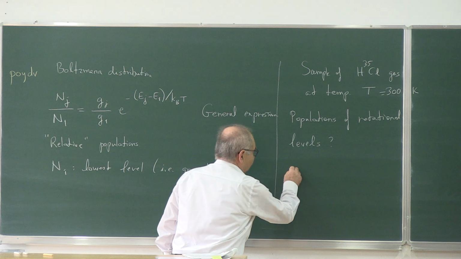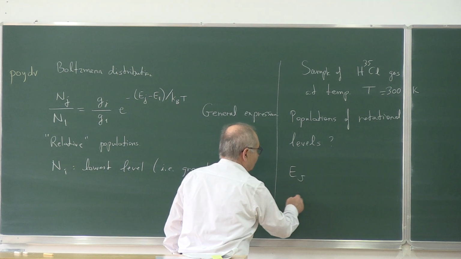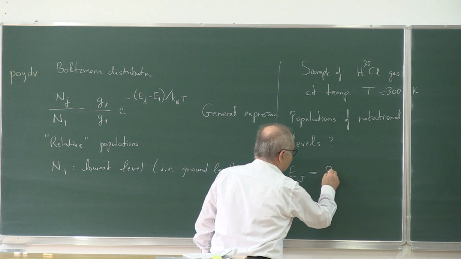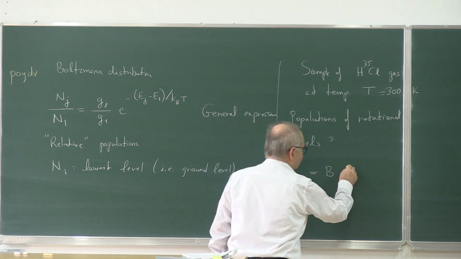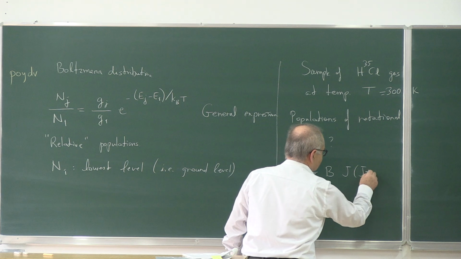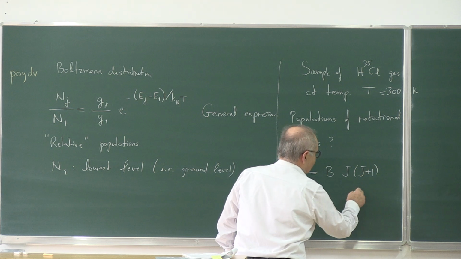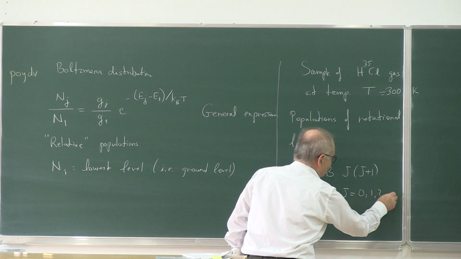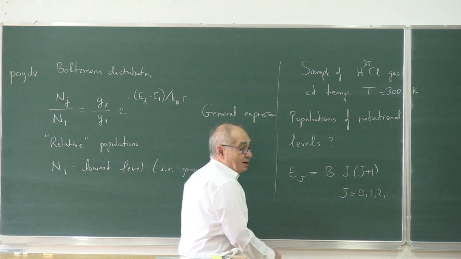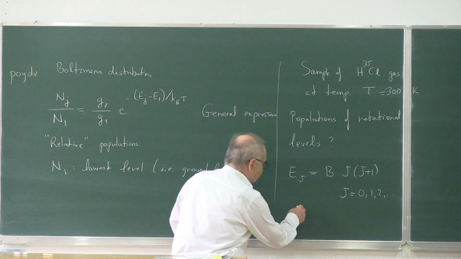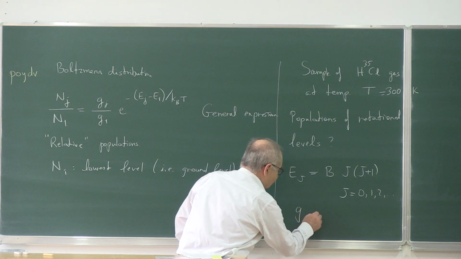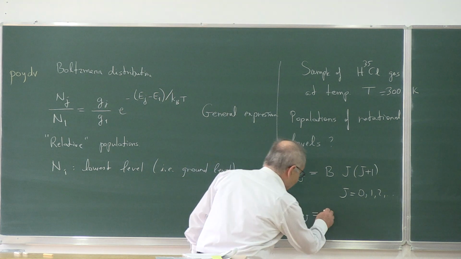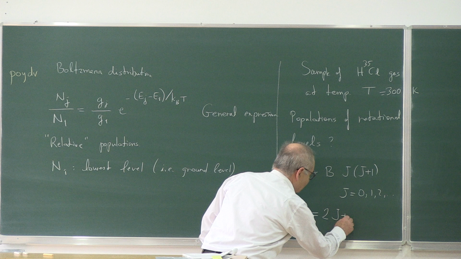The expression for the energy levels is given by the standard expression, rotational constant B times J times J plus 1, where J takes 0, 1, 2, and so on. Note also that the degeneracy of each rotational energy level is 2 times J plus 1.